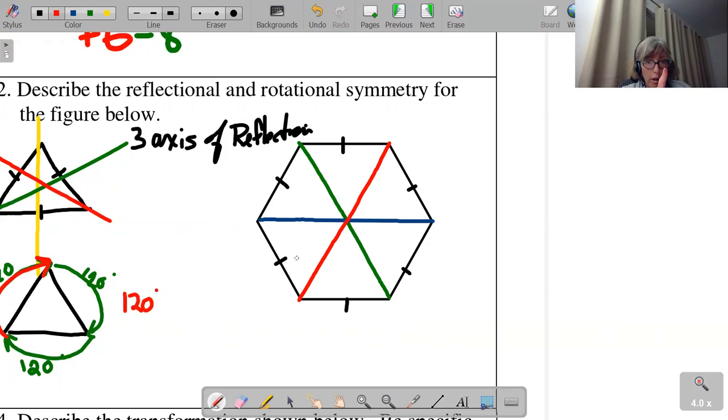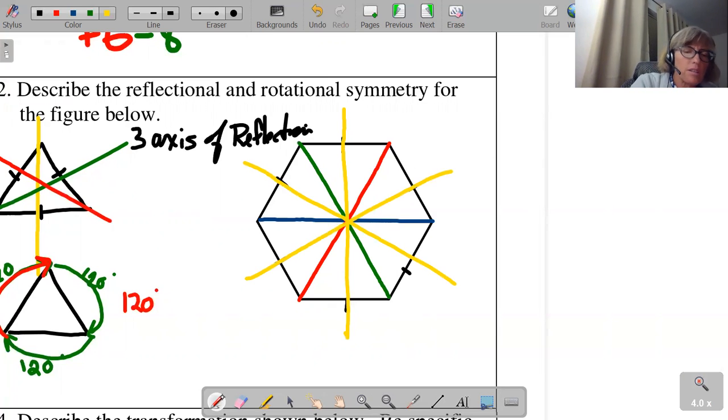I can fold it on any one of those points and get the exact same image. So far we have 3, but watch out, we could also fold it this way. 4, 5, 6. So for a regular hexagon, there is 6 axes of reflection.